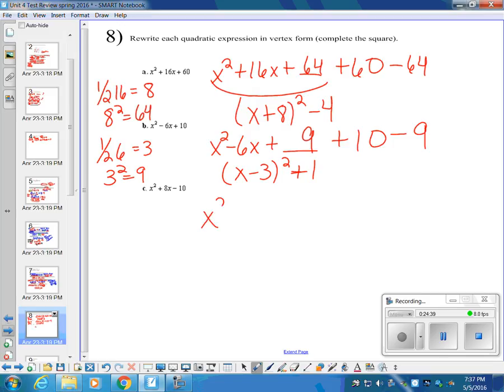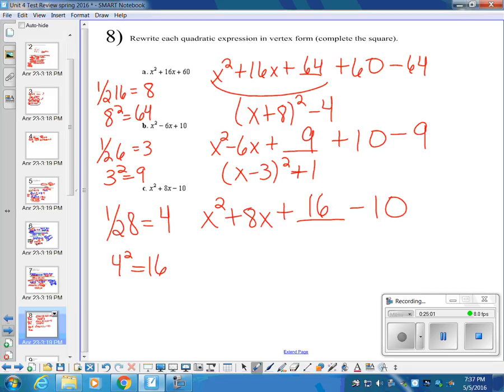All right, last one. Plus blank minus 10. Half it equals 4. 4 squared equals 16. Factor this, negative 26.